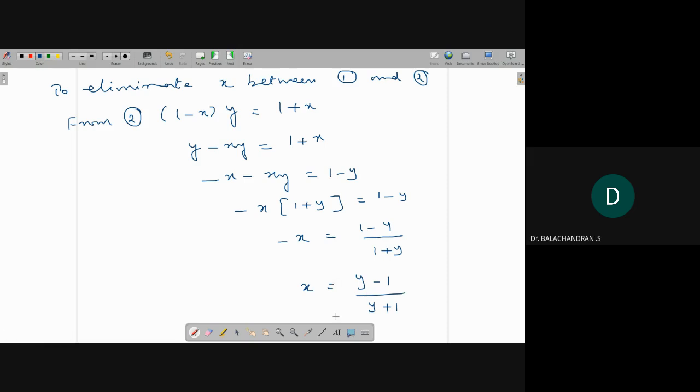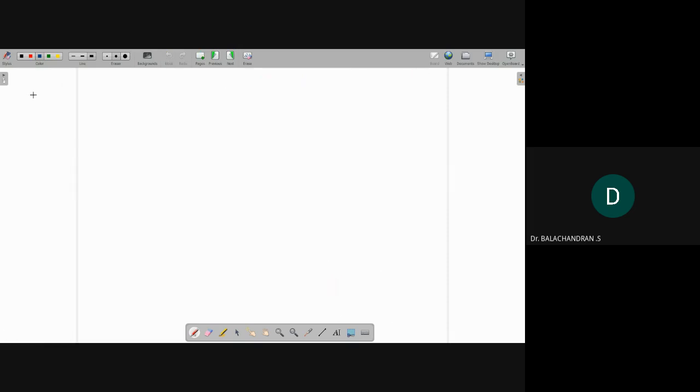Now substitute the value of x in equation 1. So put x is equal to y minus 1 divided by y plus 1 in equation 1. Substitute first to x cube.